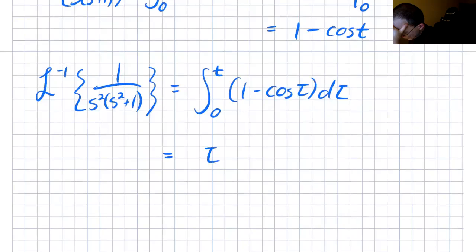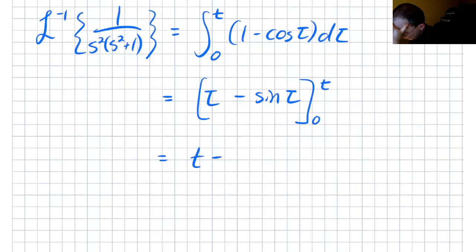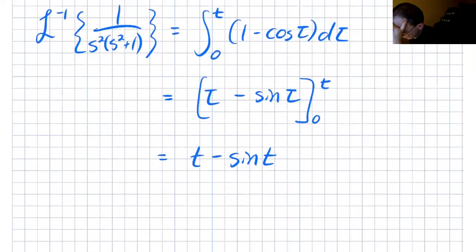So integrate that. And then plug in 0 and you would get 0. So that's it. That's the answer there. So t minus sine t.